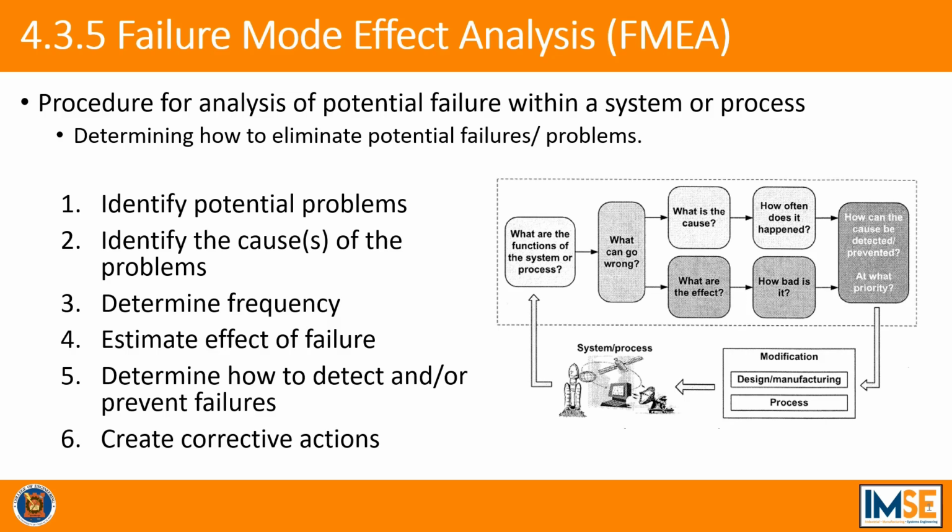The diagram to the right shows a typical failure mode effect analysis, displaying a system or a process in place that, after understanding the functions of it, we then ask what can go wrong, what are the causes and effects, how bad and how often does it happen, and how to prevent it to later on modify the system.